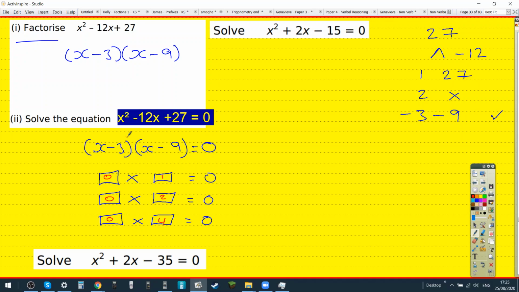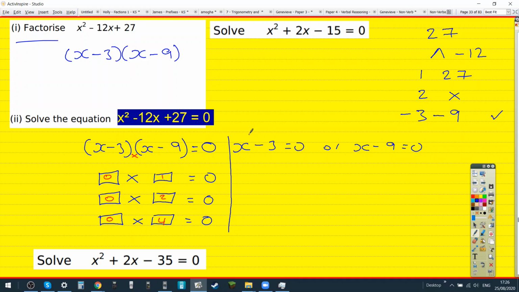Correct. So when you have two brackets next to each other, that's just short for times. And we're trying to figure out what number x is. So either x minus 3 must be 0 or x minus 9 must be 0. So one of these two must be 0.